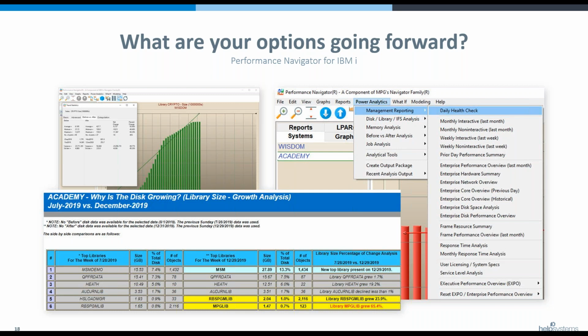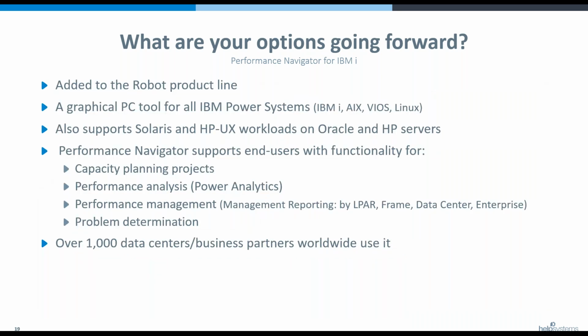Yes, and if you want to go on to the next slide, we can talk a bit more about that. The fact that we have acquired MPG. We did that 2.5 years ago now, and Randy, it's been great working with your group, and we've made it part of the Robot product line. But quite honestly, we haven't really done changes to the look and feel of the product because it was already a great product.